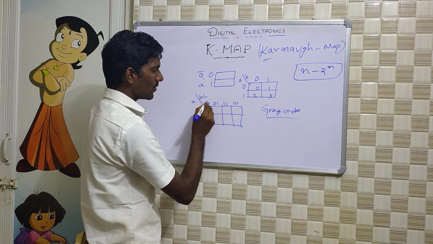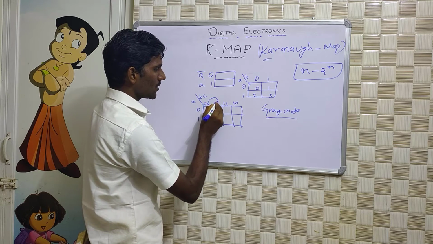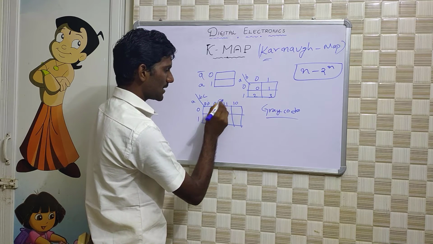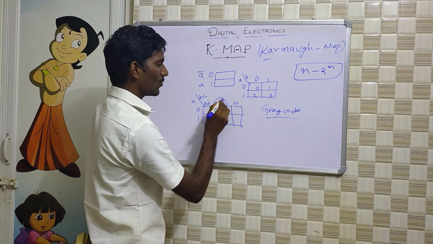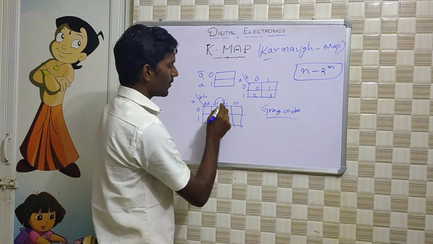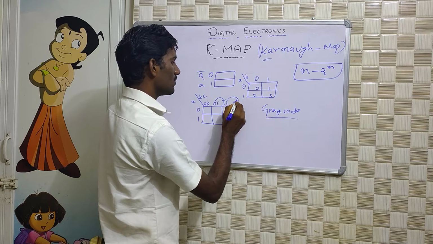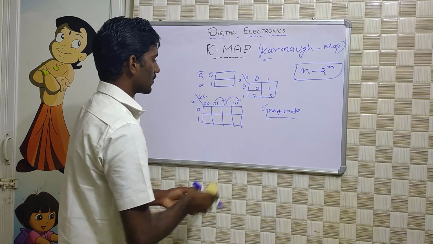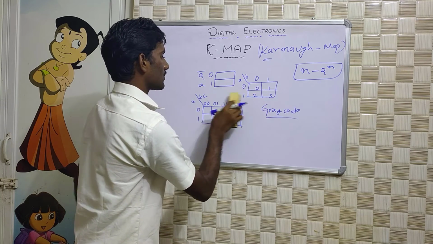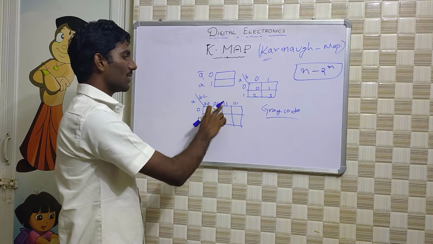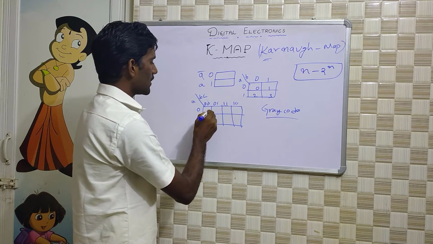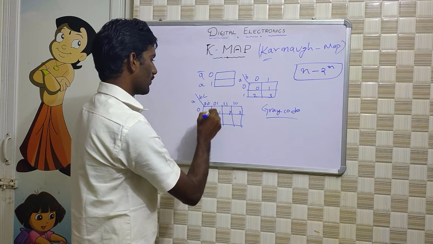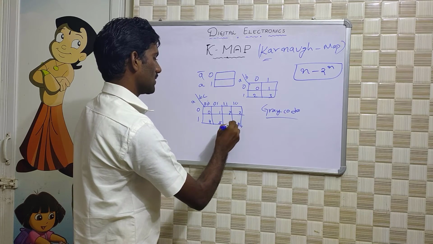From 0 0 to 0 1, 0 is as it is and only one bit changes. Similarly from 0 1 to 1 1, 1 is as it is and 0 changes to 1, so only one bit is changing. From 1 1 to 1 0, 1 is as it is and only 1 changes to 0. So the arrangement will be cells 0 1 2 3 4 5 6 7.